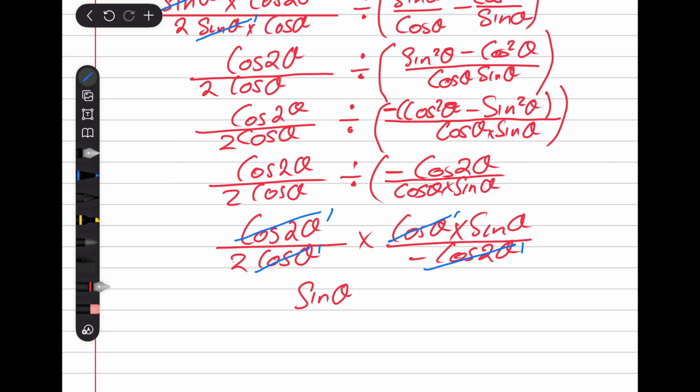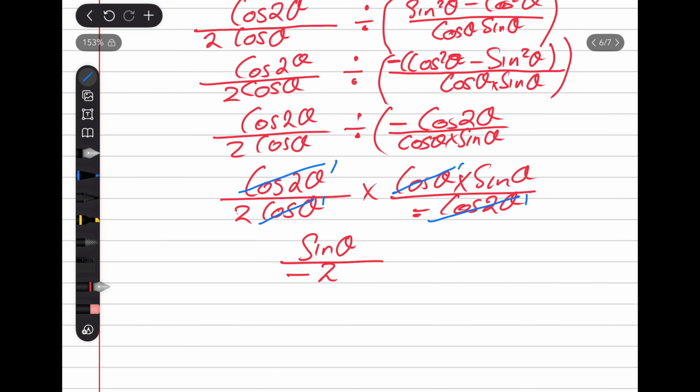Then 2 times 1, it's 2 times negative 1 here, because there's a negative here. We are going to get negative 2. Then remember that this can be written in the form of negative 1 over 2 times sine theta.